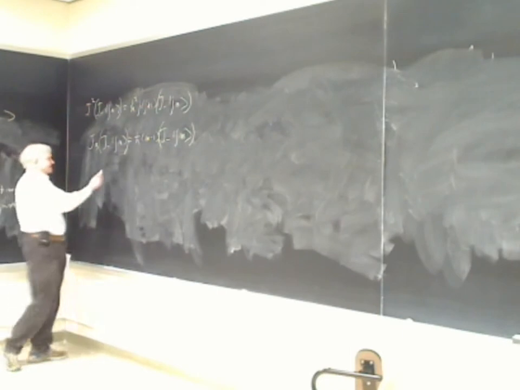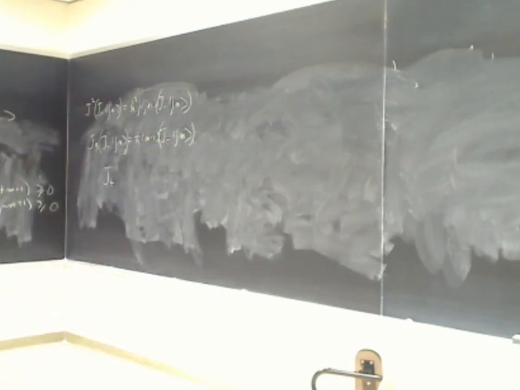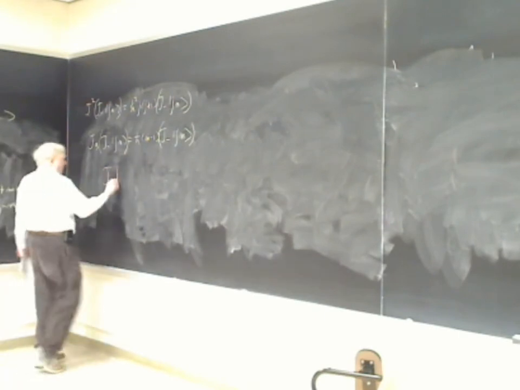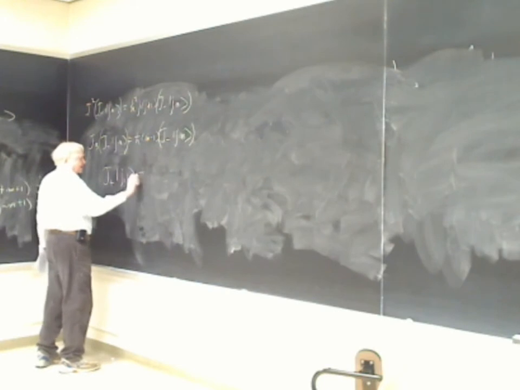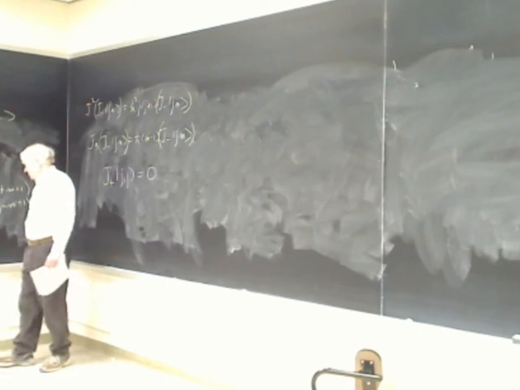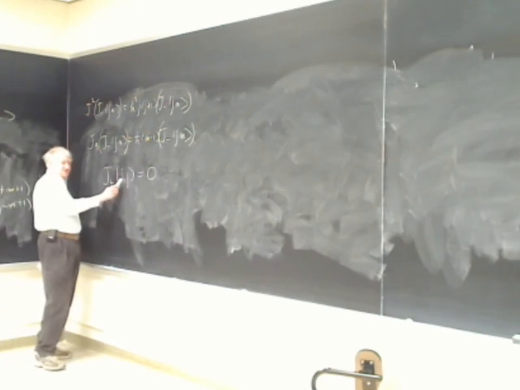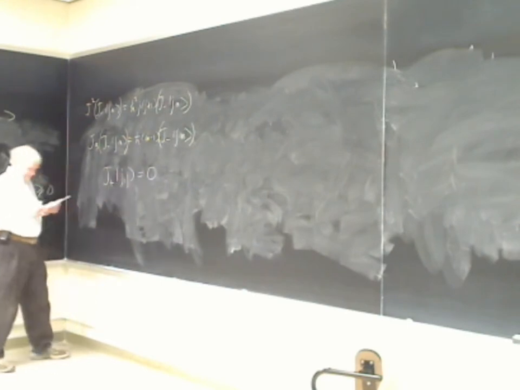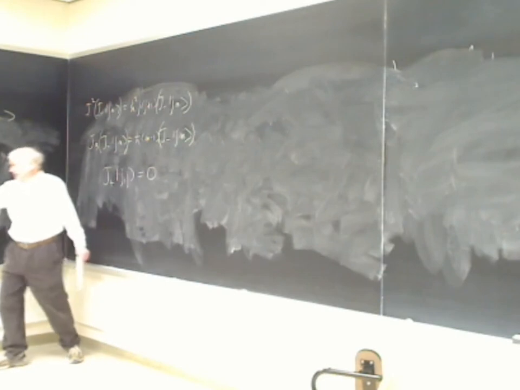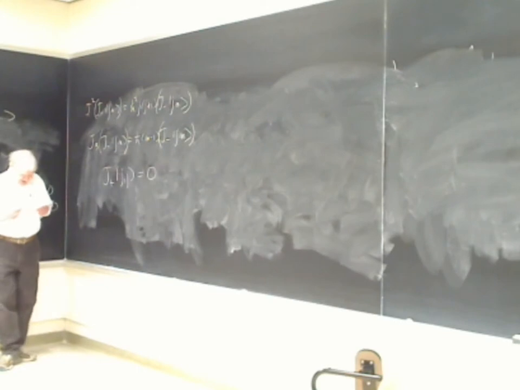So that tells us that J plus, I should start with the white chalk now, I guess, since we're no longer reviewing, J plus on Jj is just equal to 0. Which is, in other words, you can't lower the state J minus J, you get 0. You can't raise the state J. And that's just by plugging m equal to J in this equation, this term gives you 0.